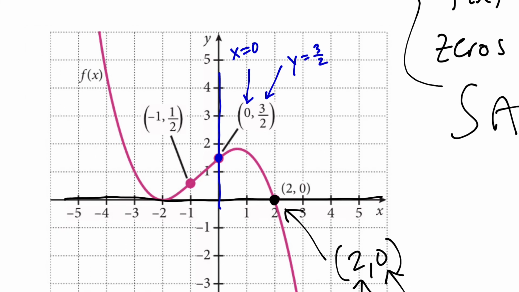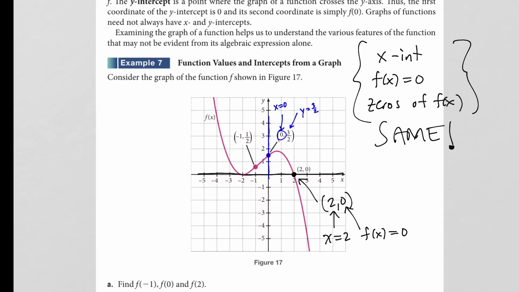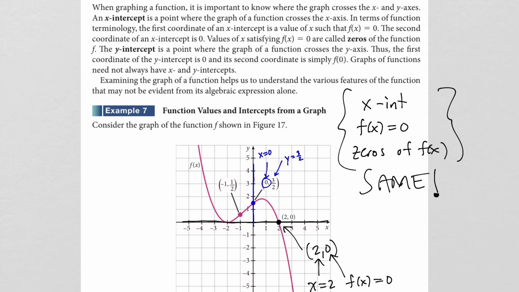The 3/2 represents where on the y-axis it crosses. For a y-intercept, x is always going to equal 0, okay? So when you are looking for a y-intercept, you simply let x equal 0. That's the method that we use for finding it.